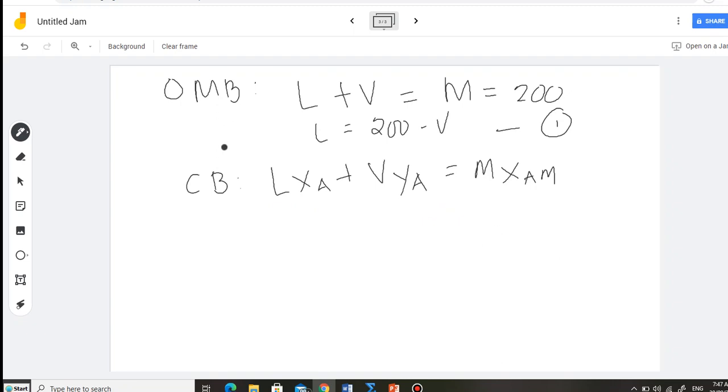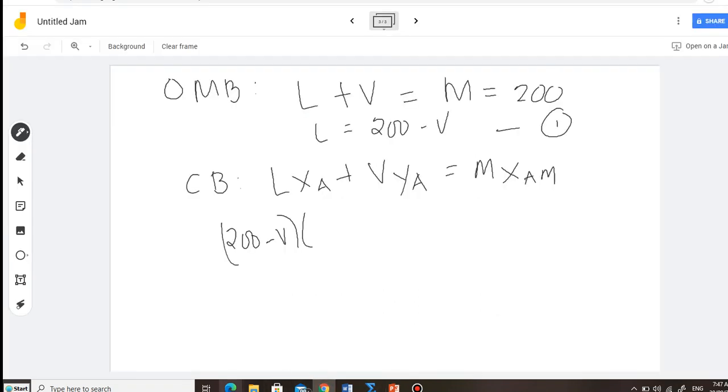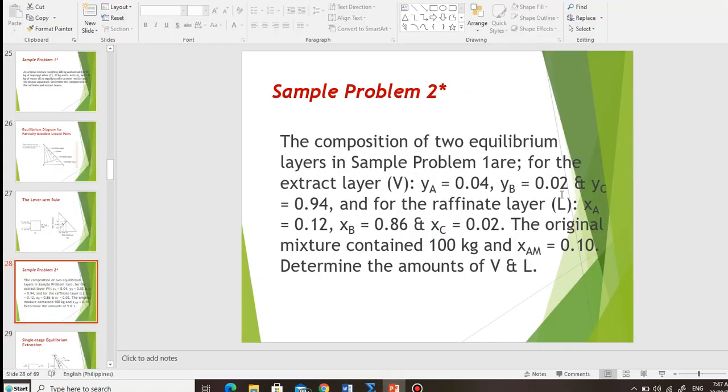Since you do not know L, that would be 200 minus V, times XA. The XA is the one given in the problem, which you determined using the graphical approach in sample problem number 1. So your XA here is 0.12. So we substitute 0.12 here, and you have the V, and your YA is 0.04.